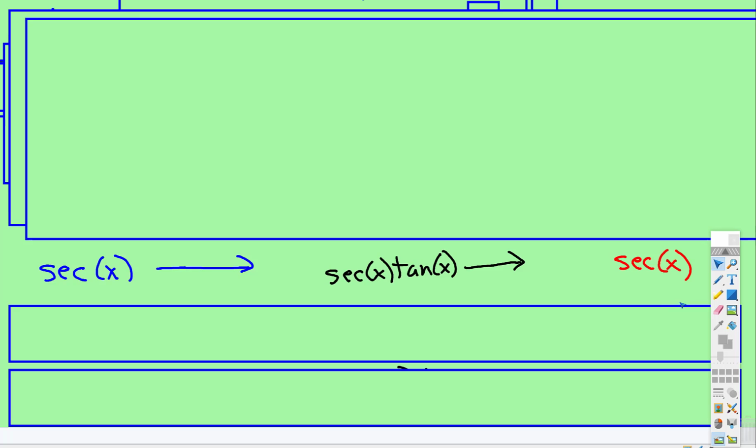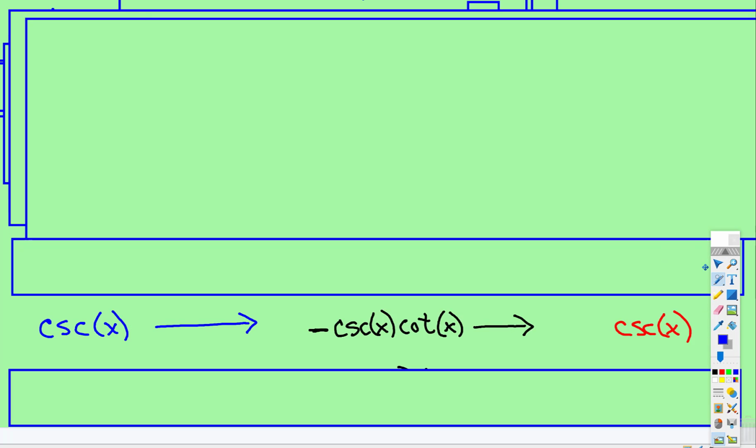All right, so I think you might be getting the idea here. For cosecant, its derivative is negative cosecant cotangent.